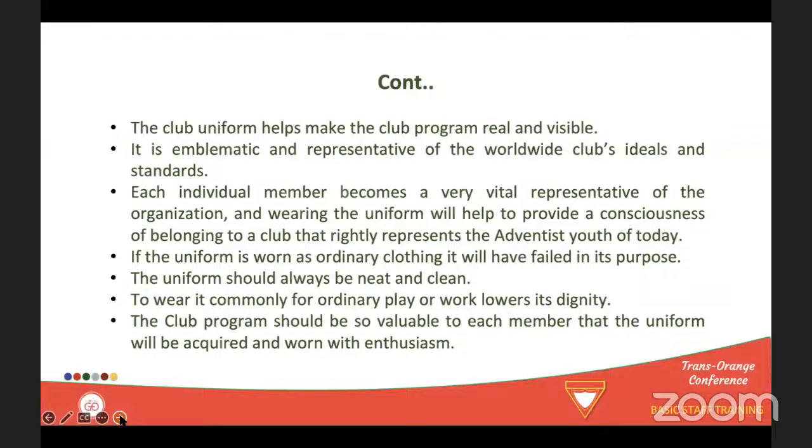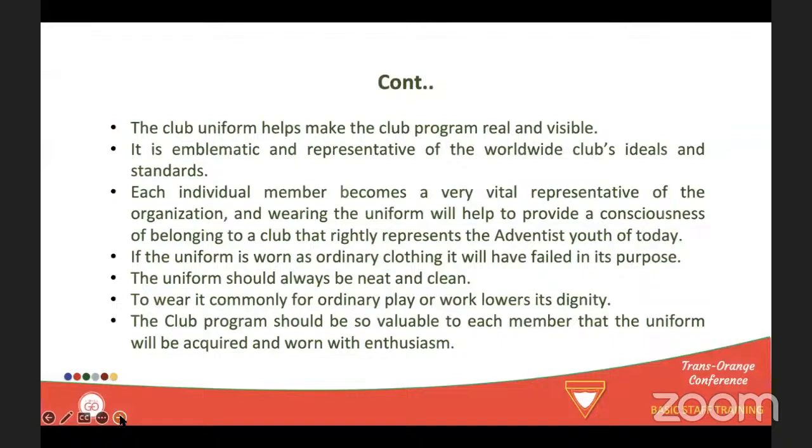The club uniform helps make the club program real and visible. It is emblematic and representative of the worldwide club's ideals and standards. Each individual member becomes a very vital representative of the organization, and wearing the uniform will help to provide a consciousness of belonging to a club that rightly represents the Adventist youth of today.